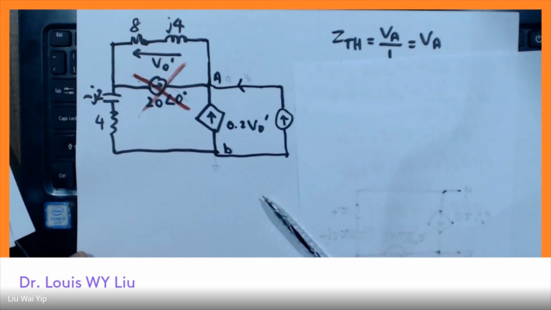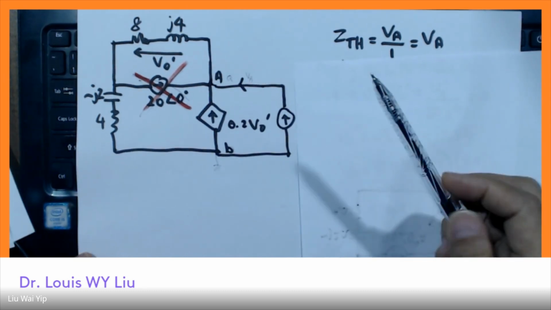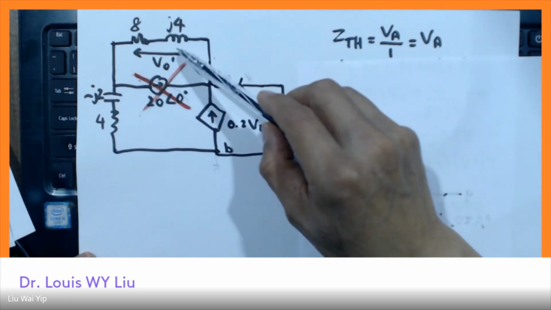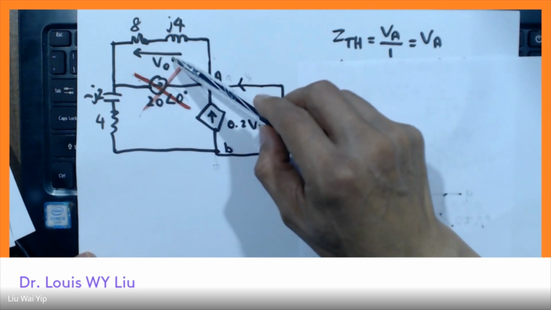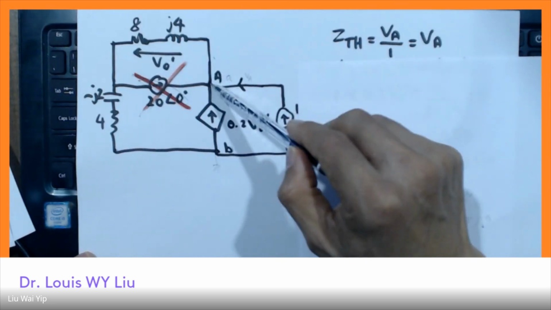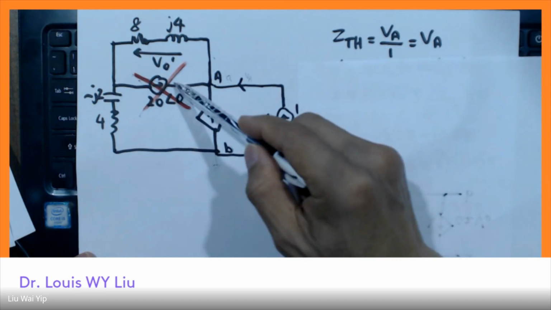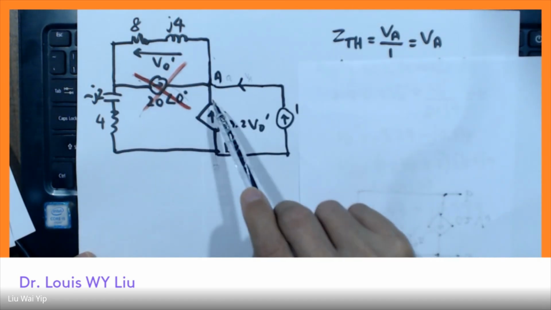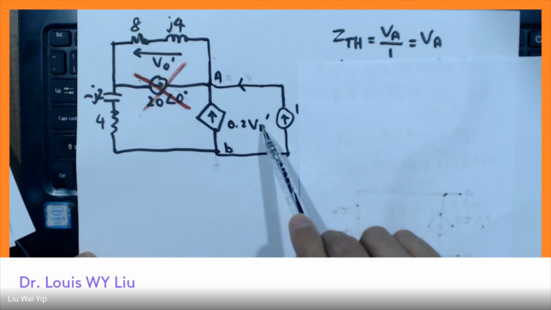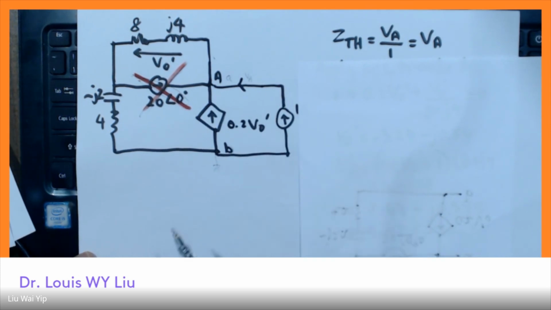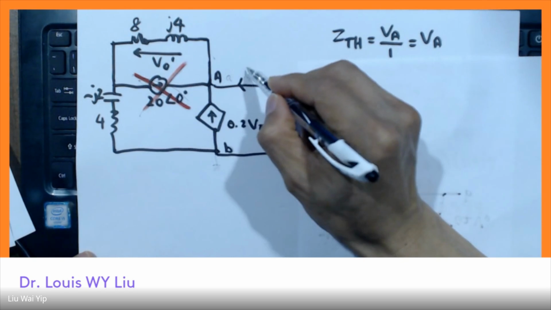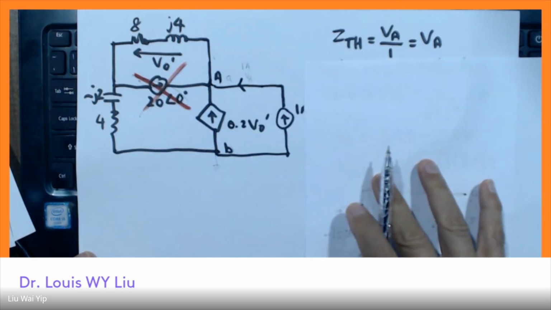So the next step is to find the voltage V0 by using Kirchhoff's current law at this point here. There is no current here, so one current is 0.2 times V0 pound. Another current is here. This current is 1 ampere, as you can see here.